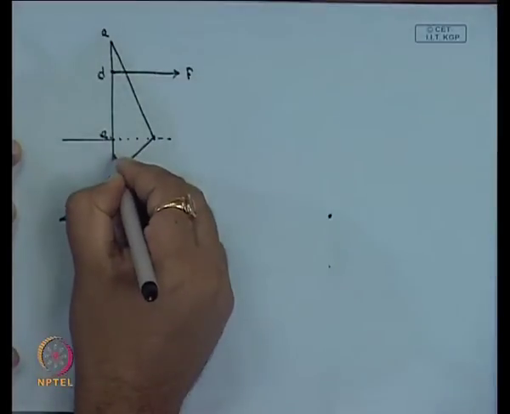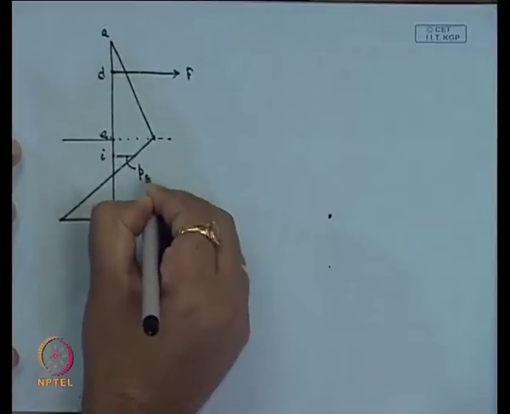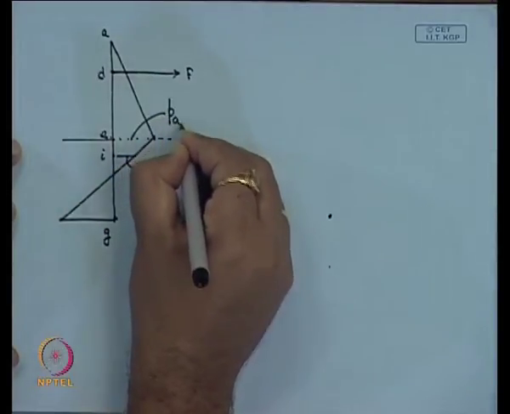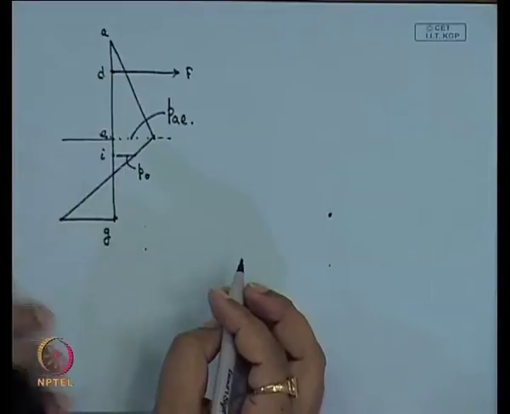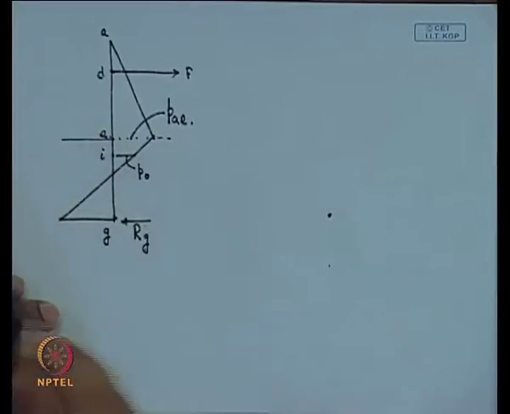This is the G level, this is the I level. Here this force is P 0, at E level it is P A E, and at G level one reaction R G will act.